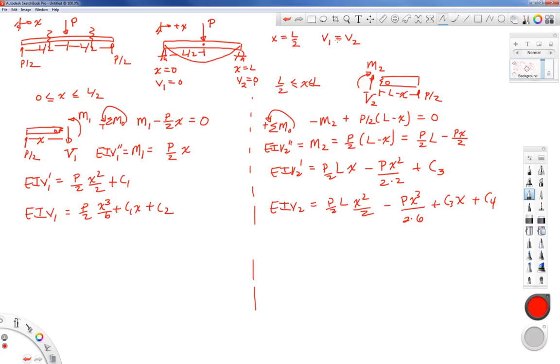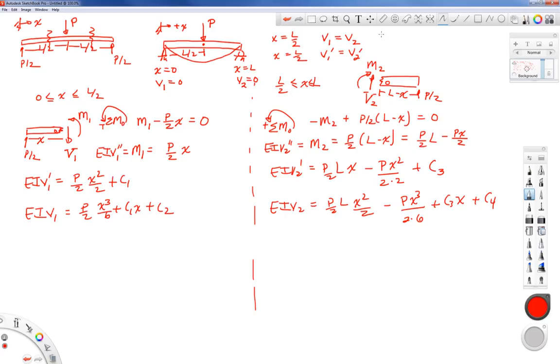In addition to the deflection condition, we also have a condition on slope. The slopes evaluated at that specific spot have to be the same. So at x equal to L over 2, we have V1 prime equal to V2 prime.